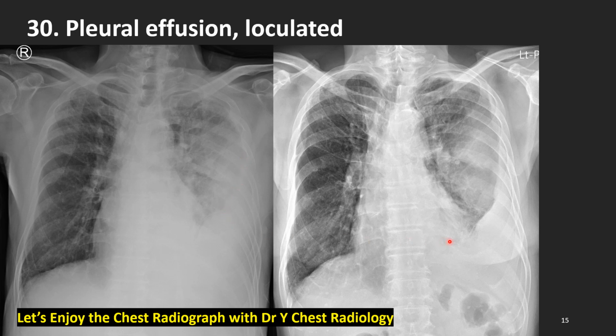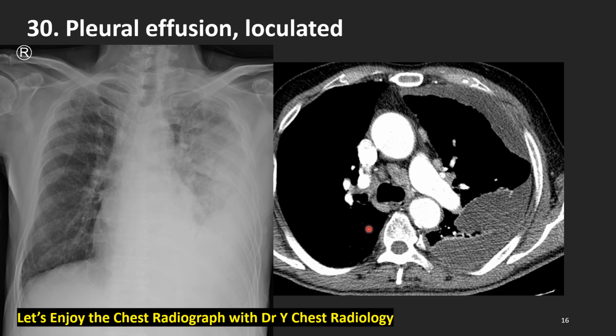Let's check it out with the PA erect film. Same finding, almost the same finding, encircling the left chest thorax and lower lung zone. These are loculated pleural effusion. Same findings with a different image quality. This contrast-enhanced axial CT explains everything about that chest AP view findings.